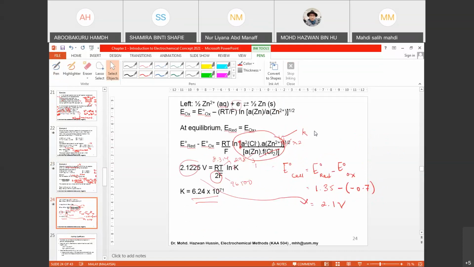How about we just write the notation again? Okay, so the reduction half equation is half Cl... oops, isn't it?